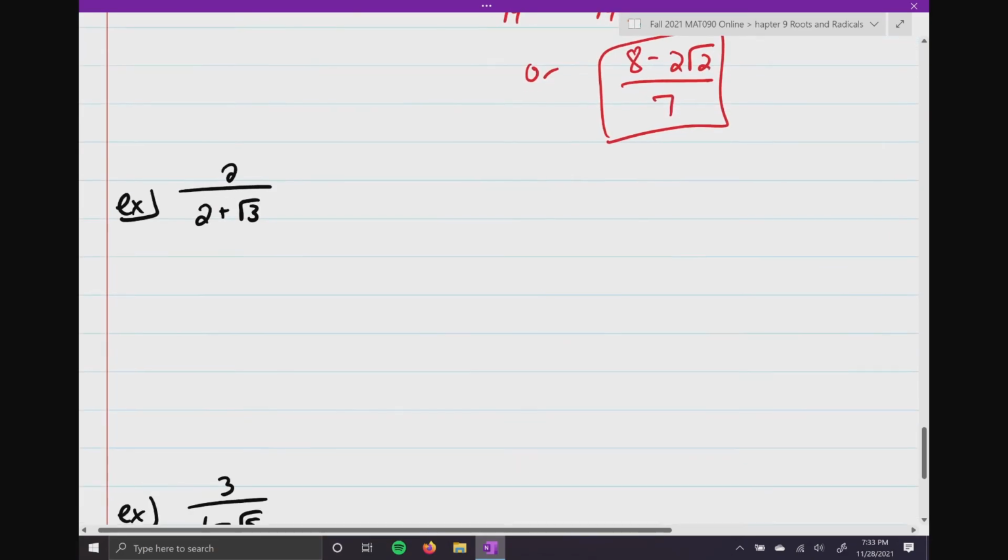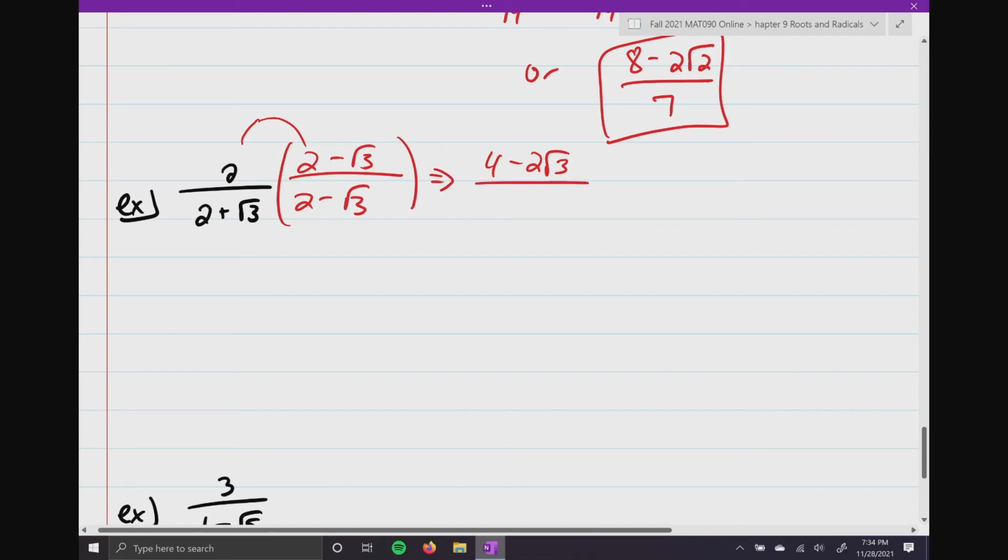Now let's look at this example. Once again, we're going to multiply by the conjugate. So our conjugate here is going to be 2 minus the square root of 3. 2 minus the square root of 3. So 2 times 2, 4. 2 times negative square root of 3 is 2 times the square root of 3 with a minus sign in front. Here's my favorite part.